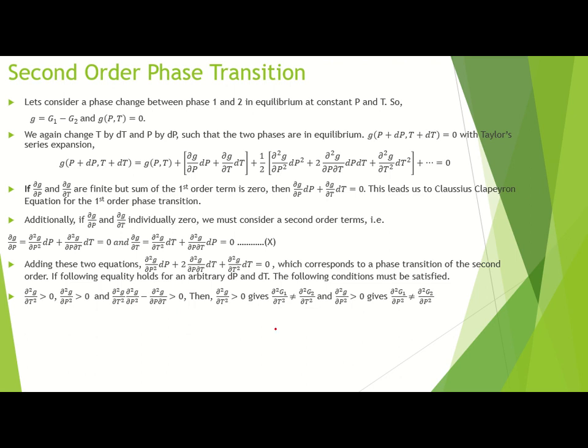If you remember, I have given you this exercise to prove that if this is true, this is like your a plus b square, and there is this dP and dt multiplied.